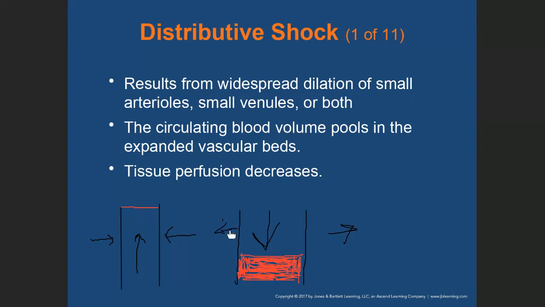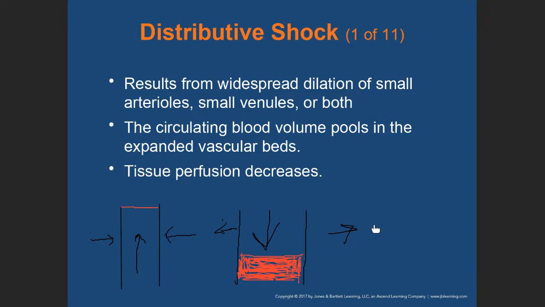But if something causes the blood vessel to open up or dilate, that's more space, more volume inside the blood vessel. That means the pressure inside of that blood vessel will drop. And that is what we call distributive shock.